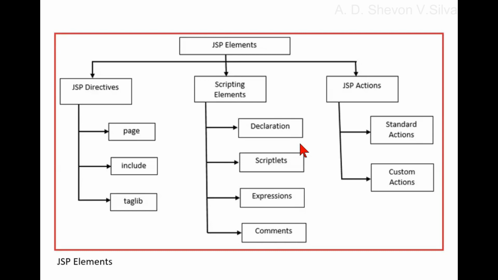JSP scriptlets. This scripting element is often used to provide a block of Java code. It can contain any number of language statements, variables, and method declarations or expressions that are valid within the page scripting language. Within a scriptlet, you can do the following.